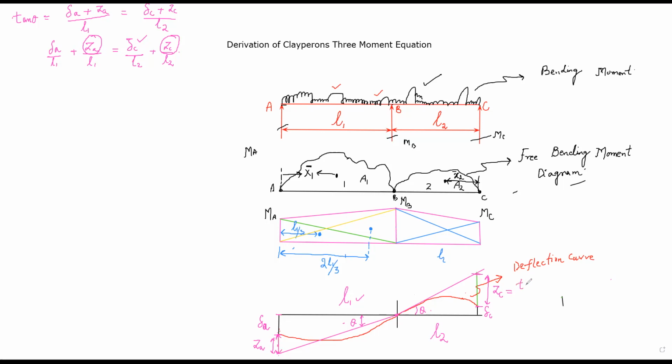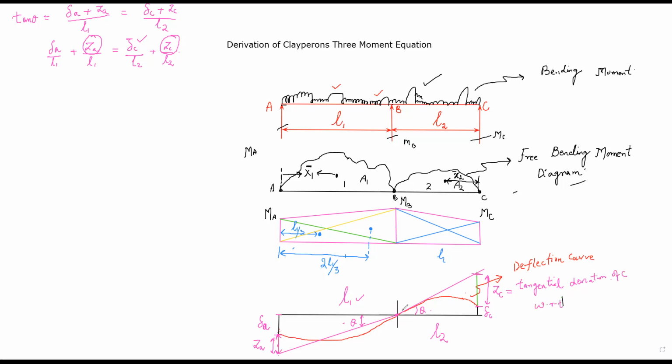So if you look at this ZC, this is the tangential deviation of C with respect to the central point.